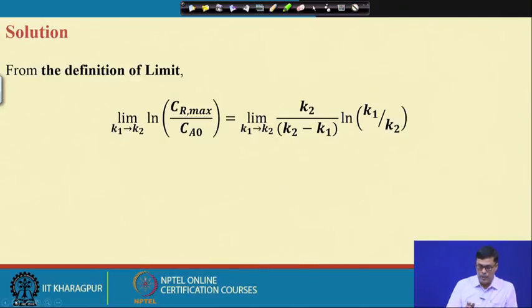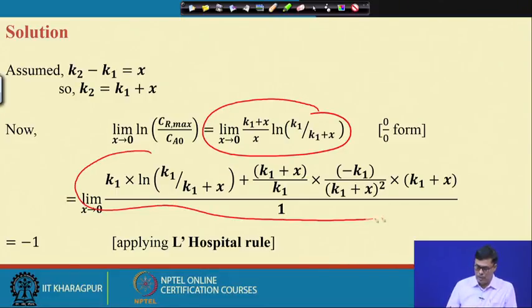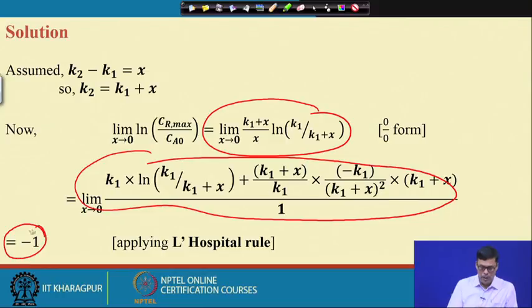Now, if you put the limit that k1 tends to k2, we have this equation like this. Let us see how we can solve it. Again we can assume k2 minus k1 equal to x, k2 equal to k1 plus x. Then we can write this equation in this form, and if we solve applying L'Hospital rule, we will get this equal to minus 1.